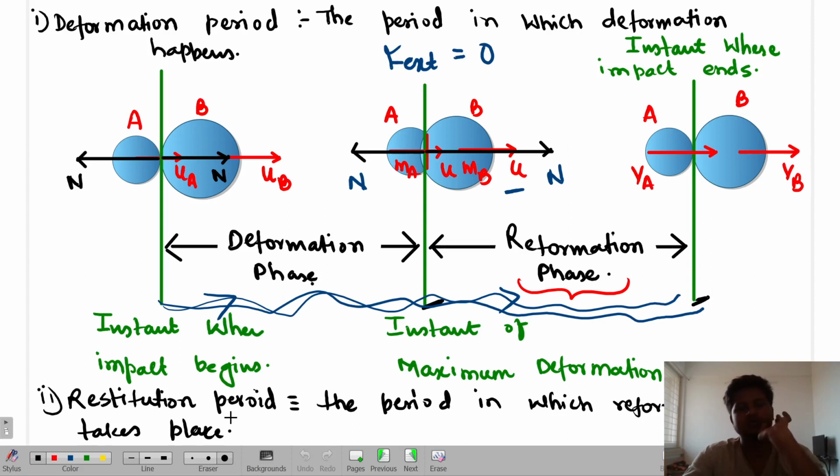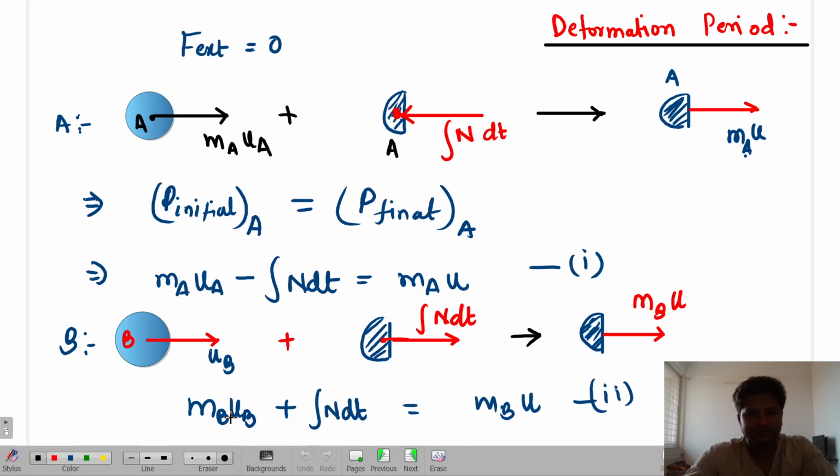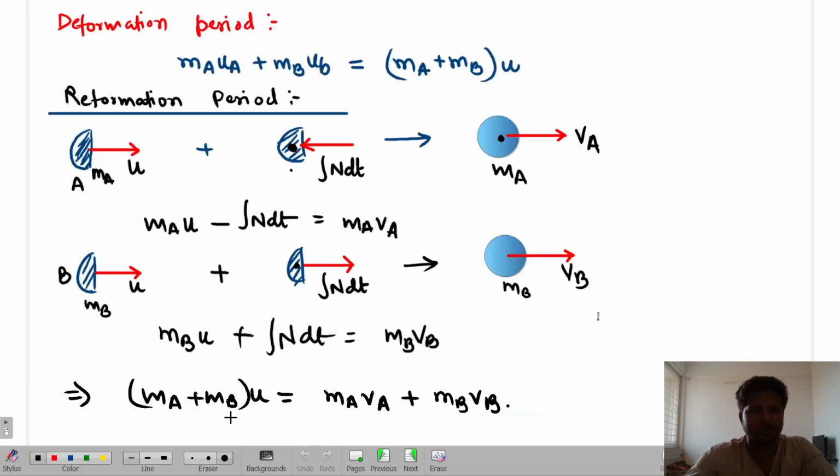Then we got to know that when there is a collision, the impact has two phases. One is the deformation phase, and one is the reformation phase. We wrote the impulse relation for both the deformation period and the reformation period.